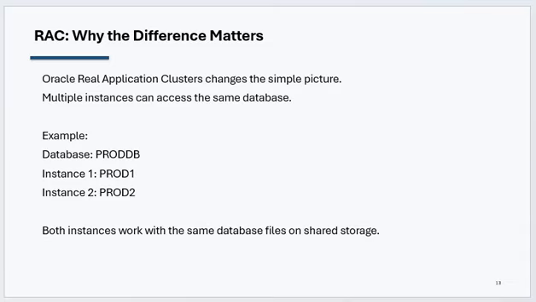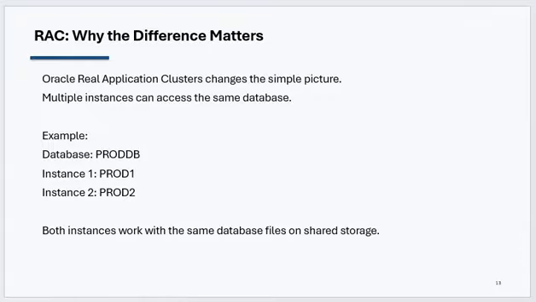But we can have two or more servers, with instances prod1, prod2, and even prod3. All three instances can work with the same database. This is possible because RAC uses shared storage and a special cluster mechanism. So in RAC, one database can have multiple instances.